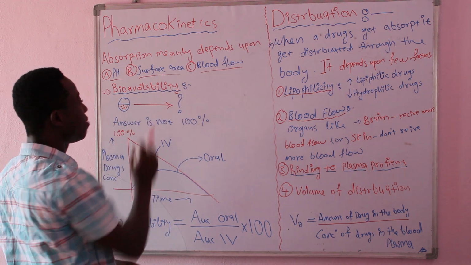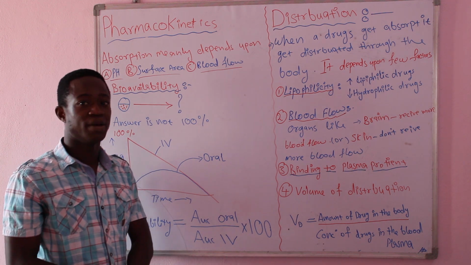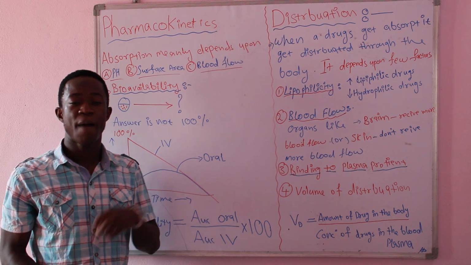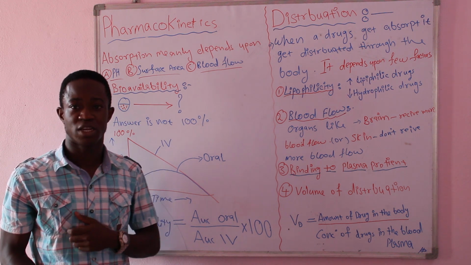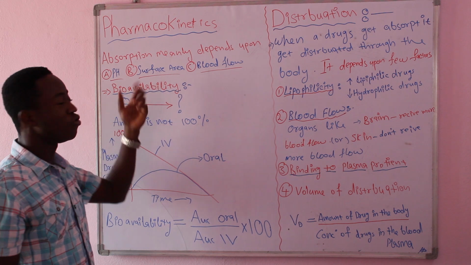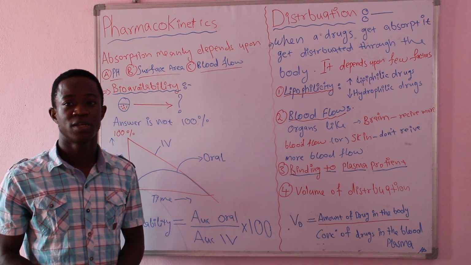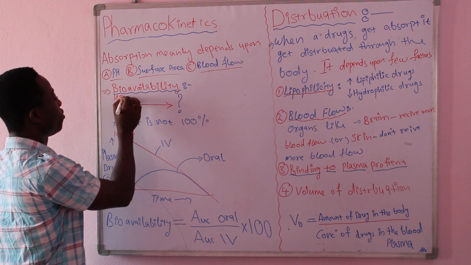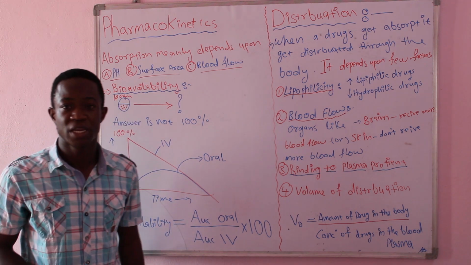Now, then there comes the question of bioavailability. If a drug is administered to a patient, how much of the drug reaches the systemic circulation? That's what we call drug bioavailability. Say the drug is given at 100 mg to a patient.